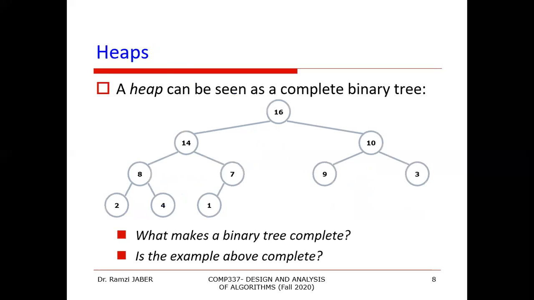Okay, now we'll go to heaps. What is the heap? The heap can be seen as a complete binary tree, like this example. We have number 16 as the root node.